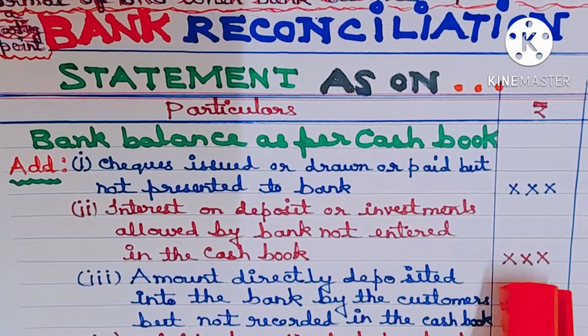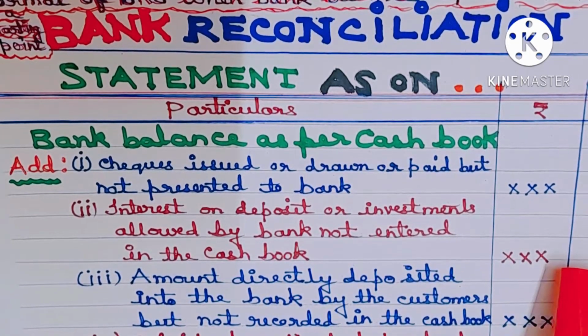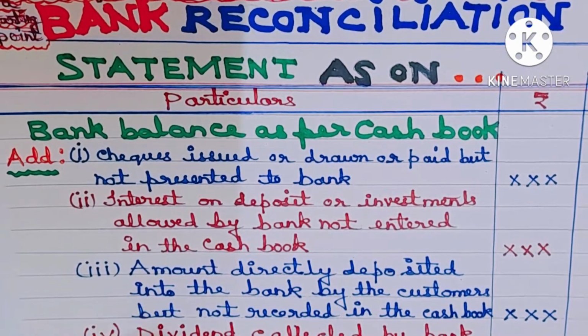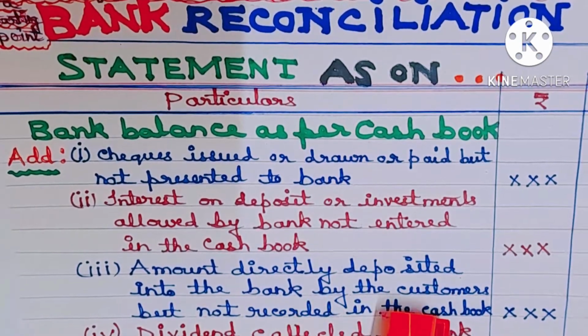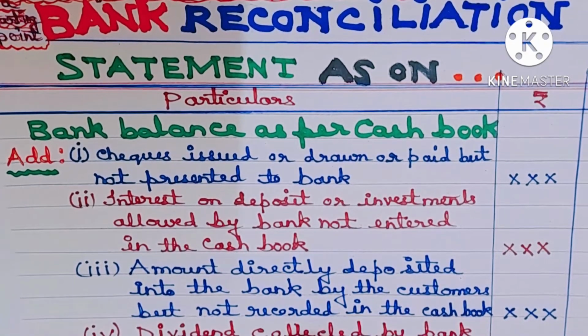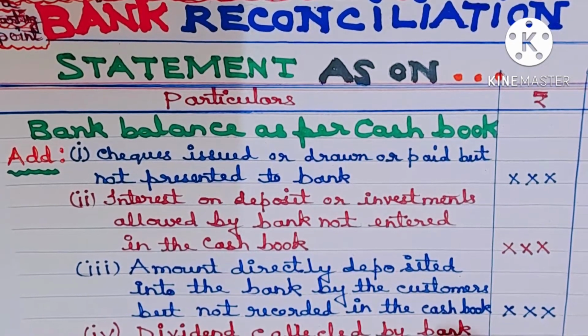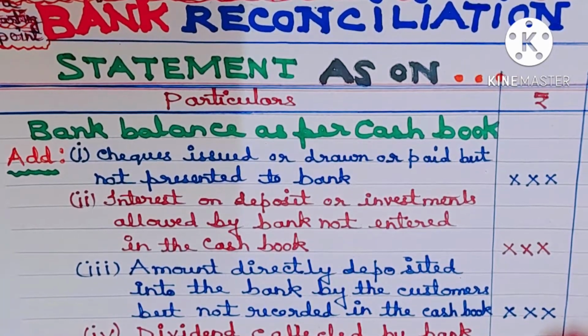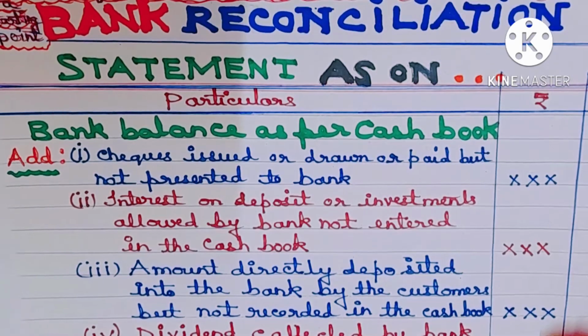The amount goes in the inner column. Number 3. Add amount directly deposited into the bank by customers but not recorded in the cash book. The amount goes in the inner column, because this is the adjustment column.